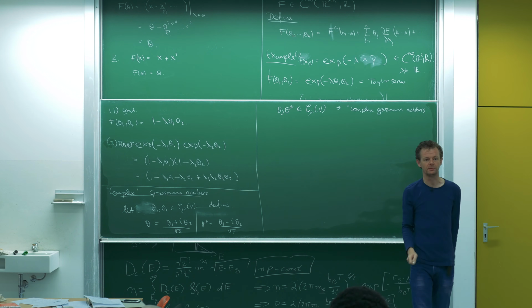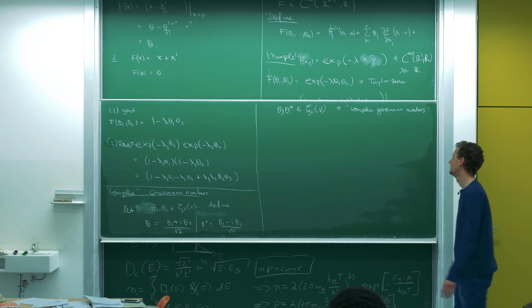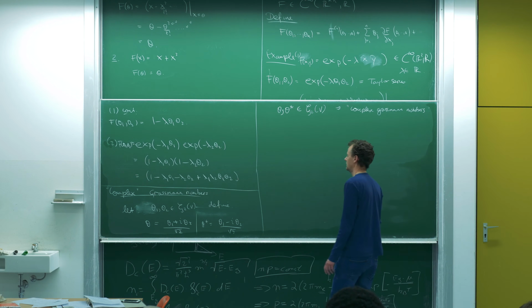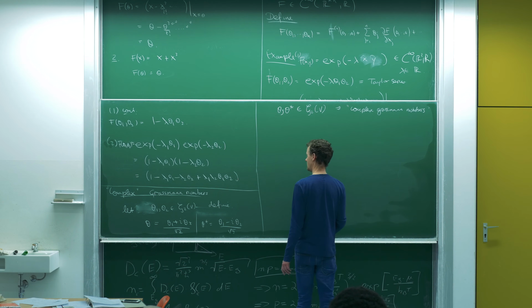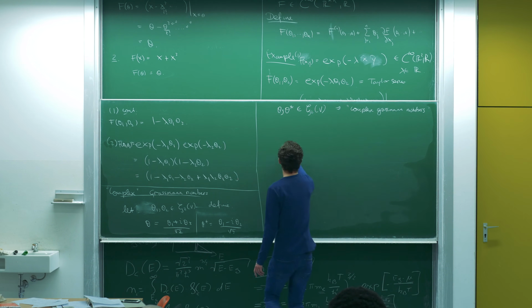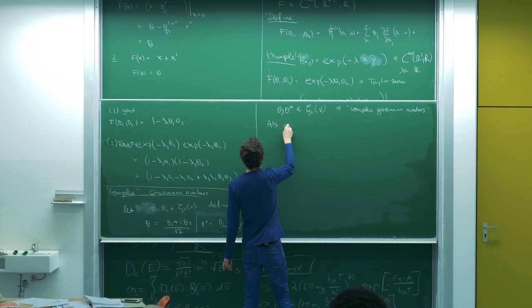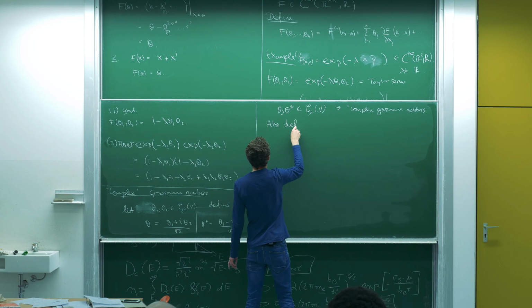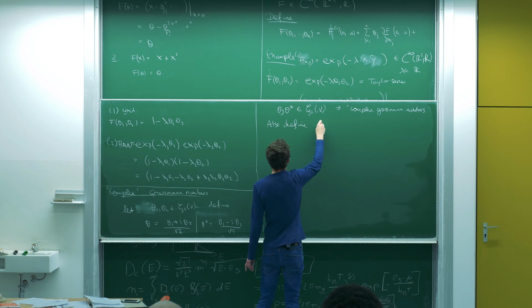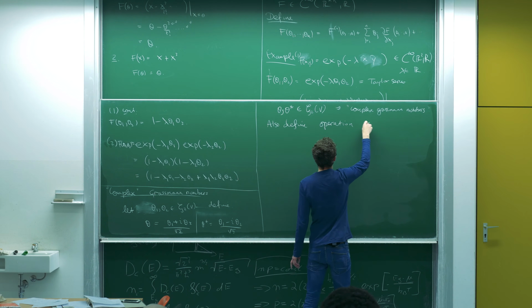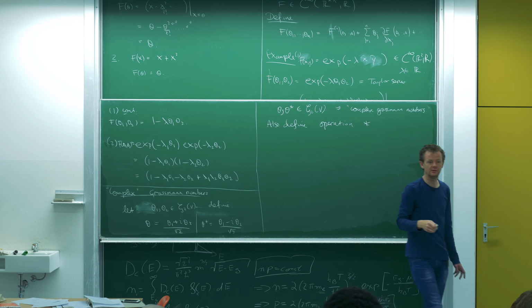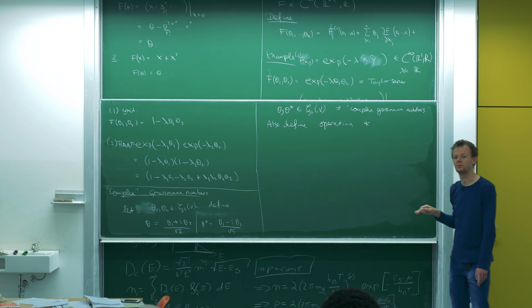We're going to call them complex Grassman numbers when we have theta 1 and theta 2. There is a deal of arbitrariness in how we do this. And we're also going to define an operation star, which takes the complex conjugate of a complex Grassman number.